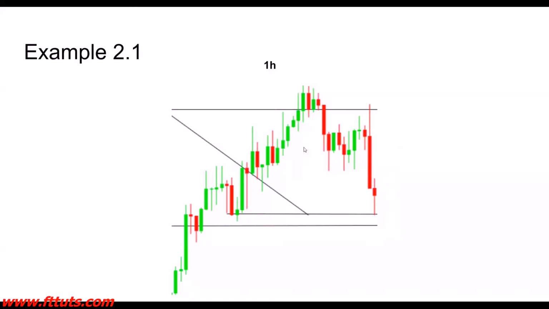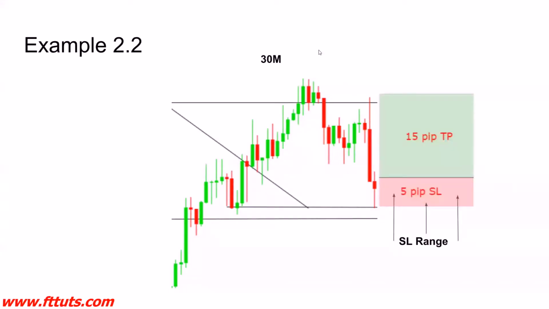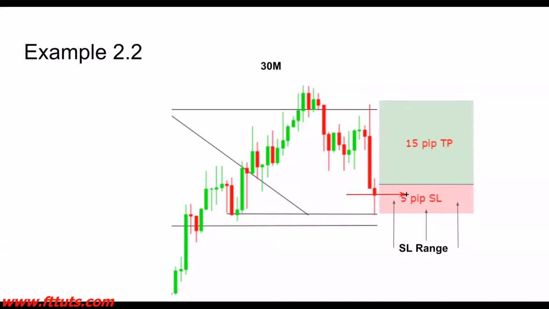Let's have a look at this in greater detail. So now what we can see is price is now here. Everybody can see this, right? This is where price is at the moment. This is our stop loss range. So is price within our stop loss range at the moment? Yeah. Okay. So to illustrate this, this level is level 100.